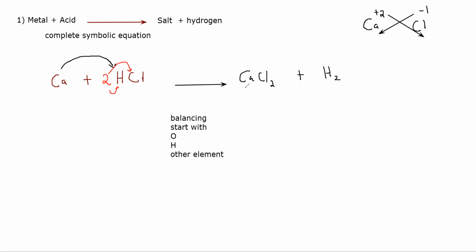You just balance hydrogen first, and you can see this equation is balanced in terms of all other elements. So we balance oxygen followed by hydrogen, and at the last any other elements in any order. So in this question, you first complete the equation, and then the second thing is balancing the equation.